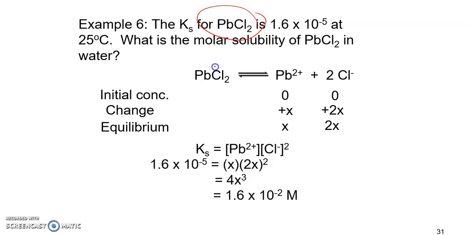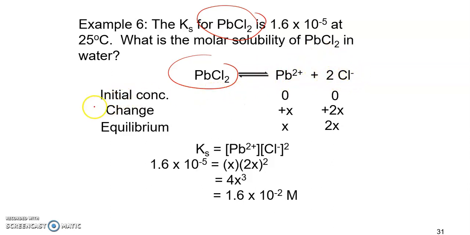Lead chloride is an ionic compound, so when dissociated in water it will dissociate into Pb2+ and Cl-. Again, we need to make sure this equation is balanced. That's why 1 mole of PbCl2 dissociates into 1 mole of Pb2+ and 2 moles of Cl-.